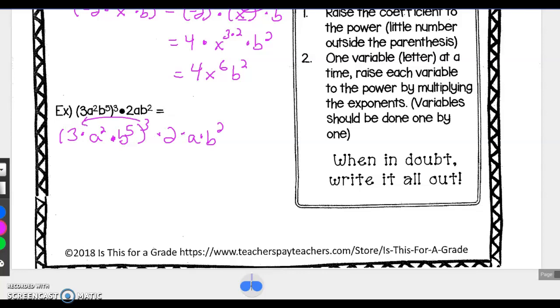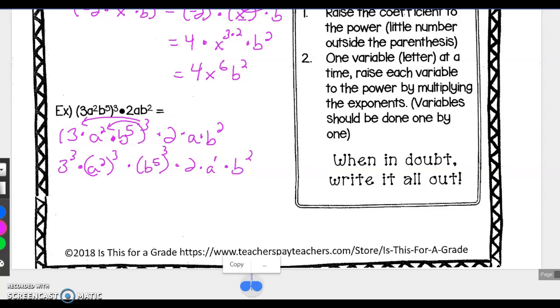So I can give this 3 to the 3 here, 3 to the 3rd, times a to the 2nd raised to the 3rd, times b to the 5th raised to the 3rd, times 2 times a, I'll put a 1 there, a to the 1st, times b to the 2nd.